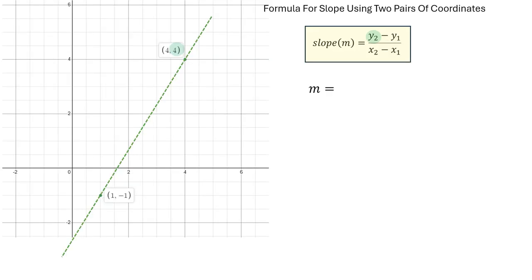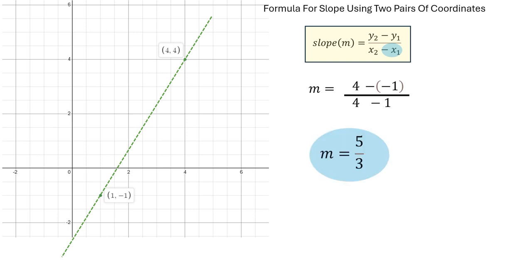We're going to take the value of y from point 2, that would be the 4, and subtract y1, which is -1, and place that value over x2 from the upper coordinate, and subtract the value of x1 from the lower coordinate, which happens to be 1.